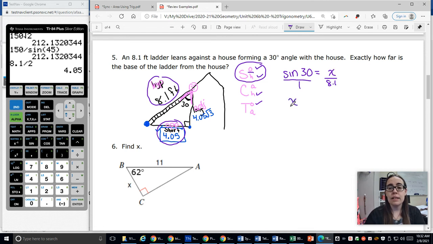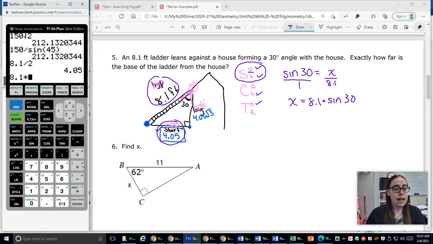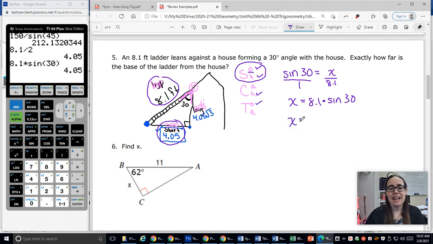X times 1 equals 8.1 times the sine of 30. 8.1 times the sine of 30 gives me 4.05, exactly the same answer. Either way, you can use your special right triangles, and then all I have to do is divide that hypotenuse in half to get my answer, or I can use trig. Both of them will work wonderfully.